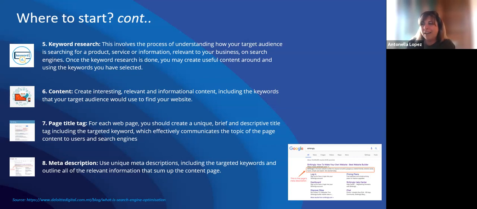Page title tag. Now, for each web page, you should create a unique title. Every page that comes up shows at the top of that tab what that page is called, and you should create a unique, brief and descriptive title tag, including targeted keywords, which communicate the topic of that page and the content to users and search engines.